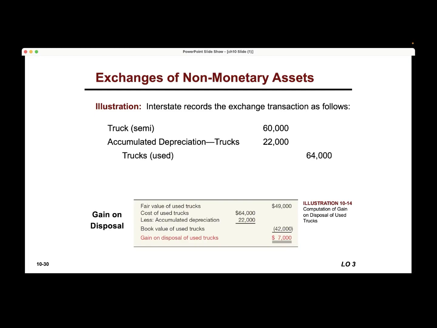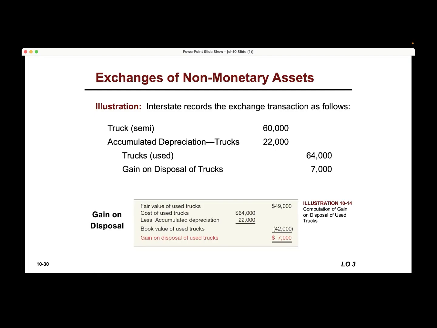Now we need to remove, or dispose of, the old truck from our records with its original cost of 64,000. Now, here is where the gain comes in. The fair value of the used truck is 49,000, but the book value is 42,000. So here Interstate recognizes a 7,000 gain on the disposal of this truck.